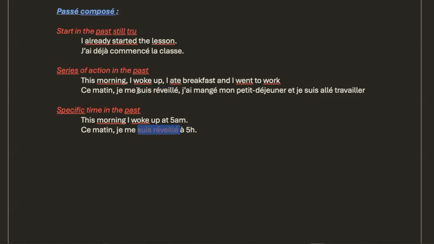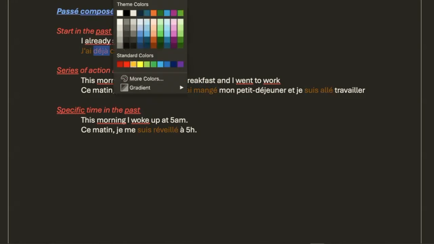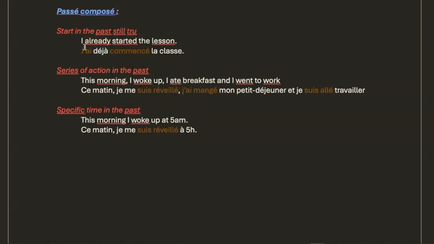Je me suis réveillé. J'ai mangé. Je suis allé. D'accord? J'ai déjà commencé. Okay. And, oh, what did I do? Okay. J'ai déjà commencé. Okay. Start in the past, and it's still true.